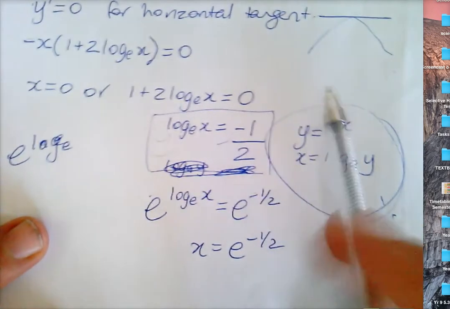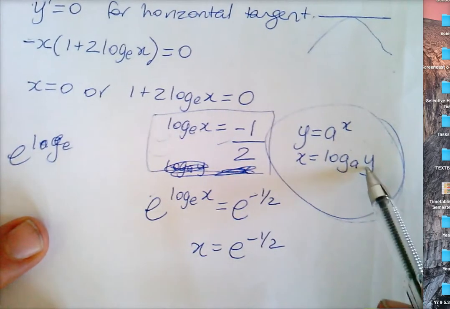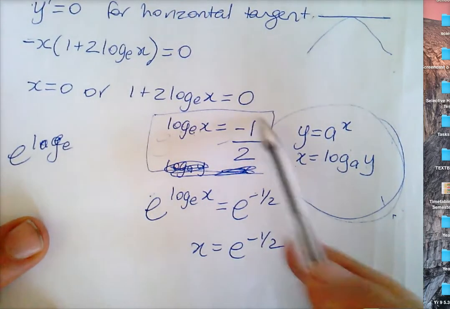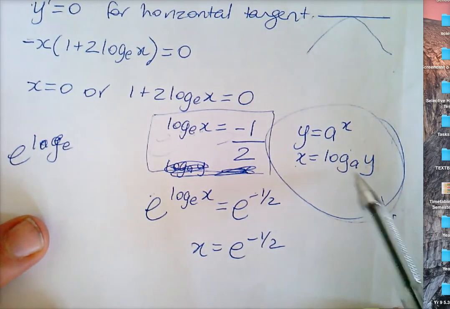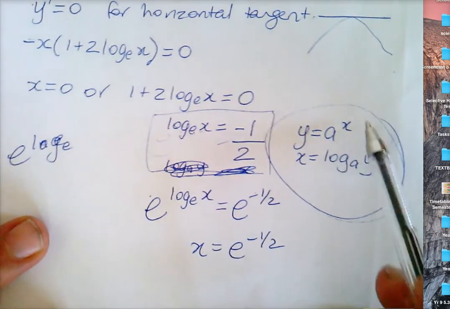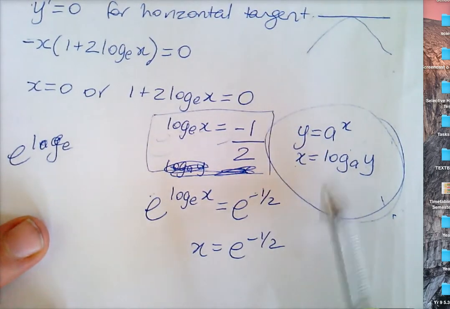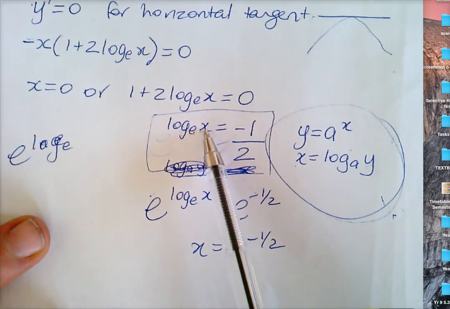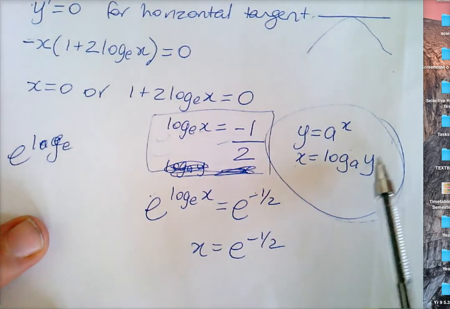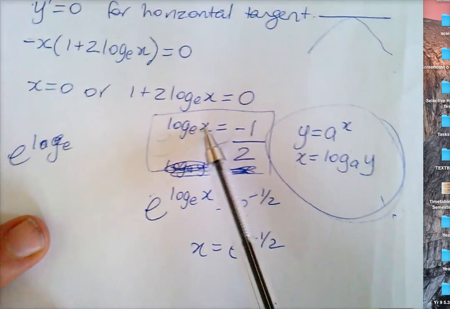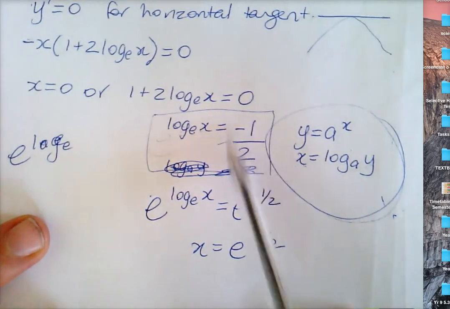So if you compare, see that this is in this format, the negative half is the y, can you see that? And the a is the e. And then you'd go, whatever y is, this one, which is x, equals a, which is that one, which is e, and x is, here, the negative a half.